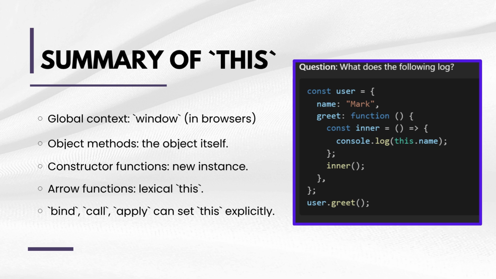In a constructor, it is the new instance created, and in an arrow function, it is the parent. But we can also manually manipulate this. We can use bind to set it permanently, and we can use call and apply for temporary, immediately invoked control of this.